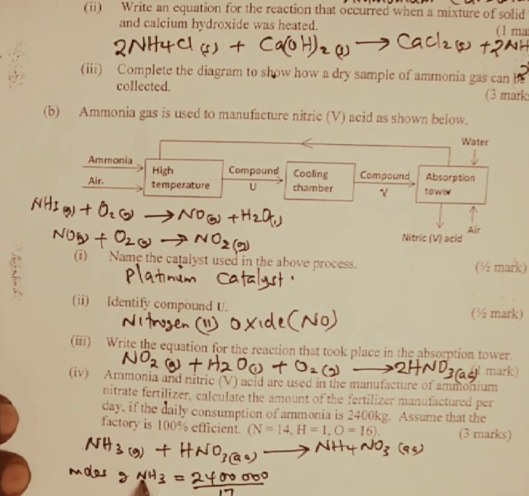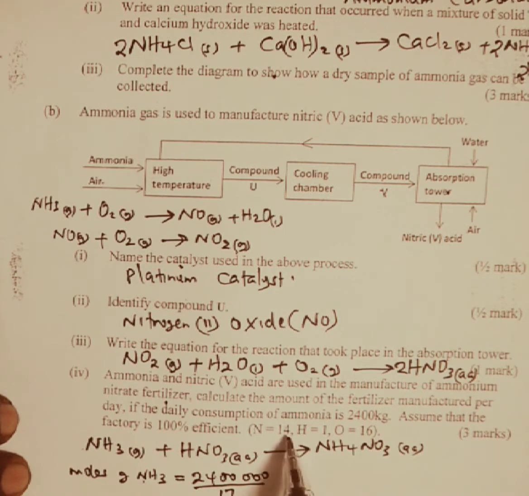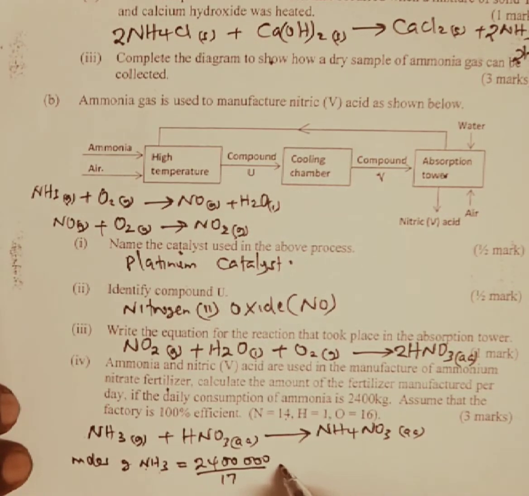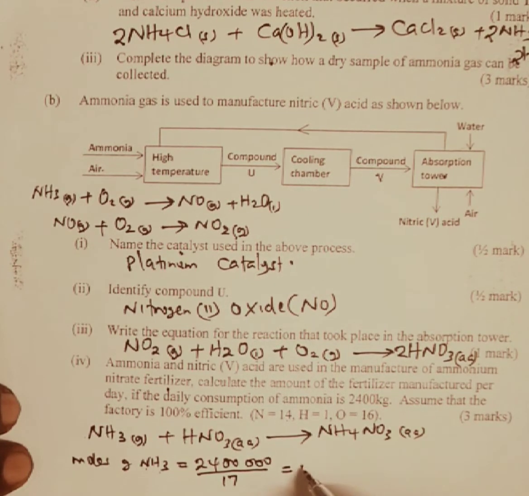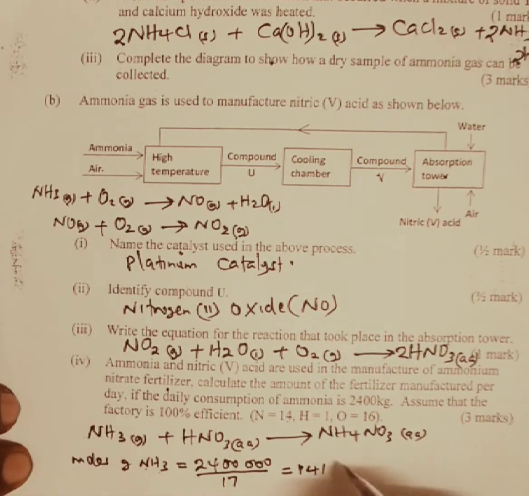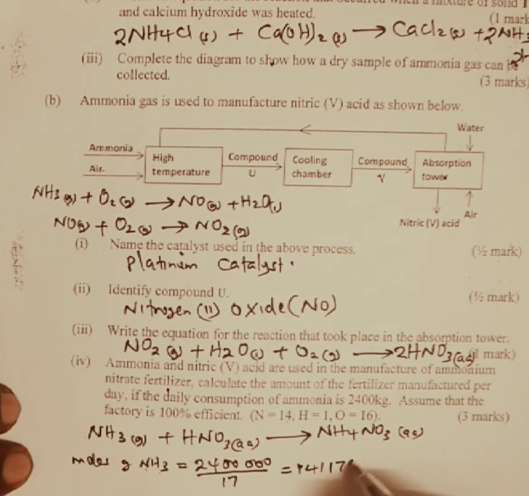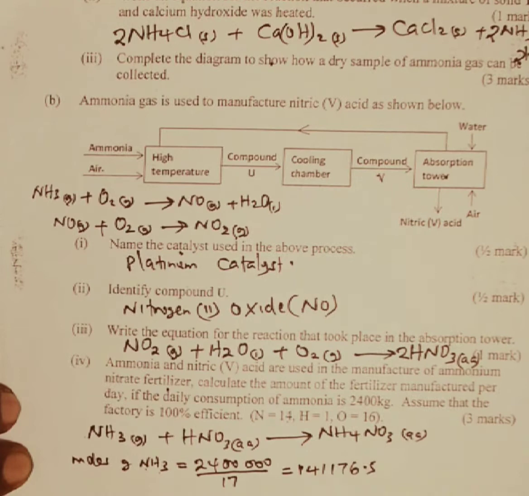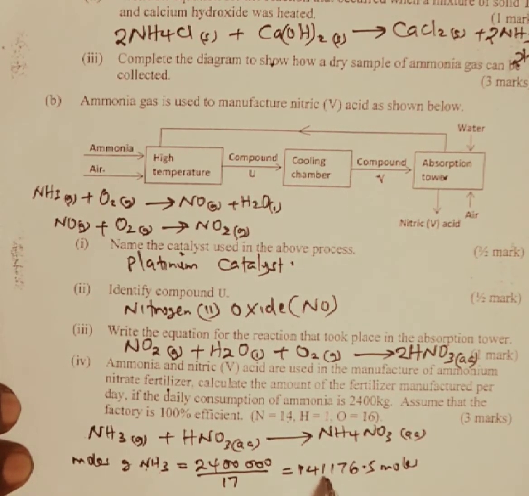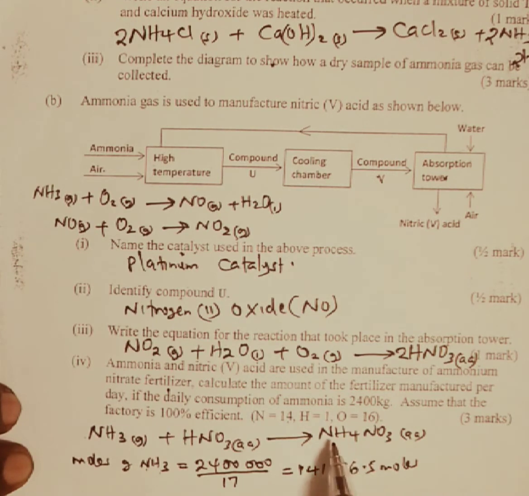That is, nitrogen has a relative atomic mass of 14. We add 3 of hydrogen for us to get 17. And this one gives us 141,176.5 moles. This number of moles are the same as the number of moles of the fertilizer.